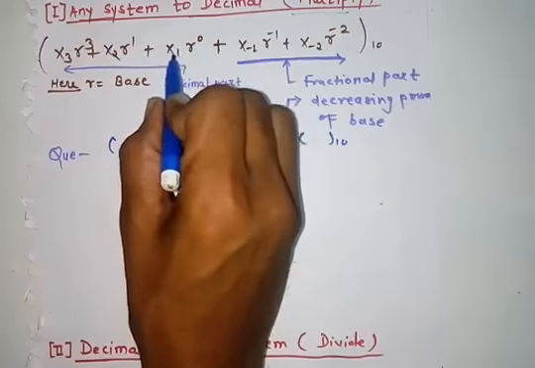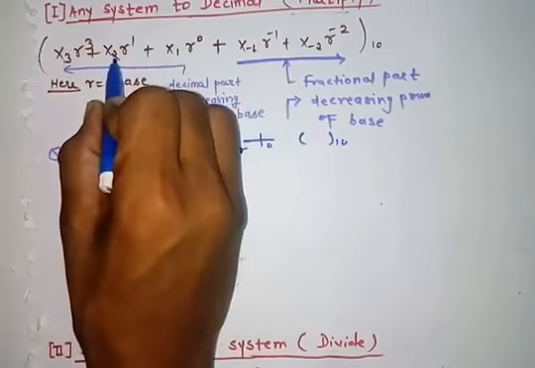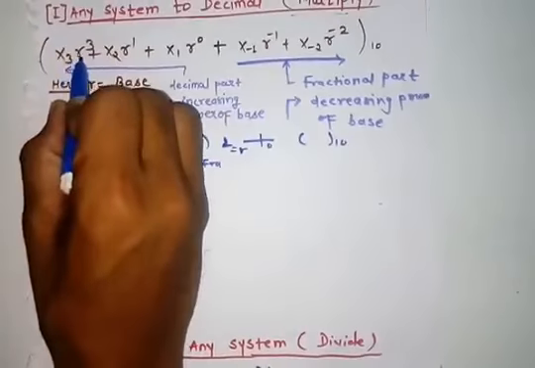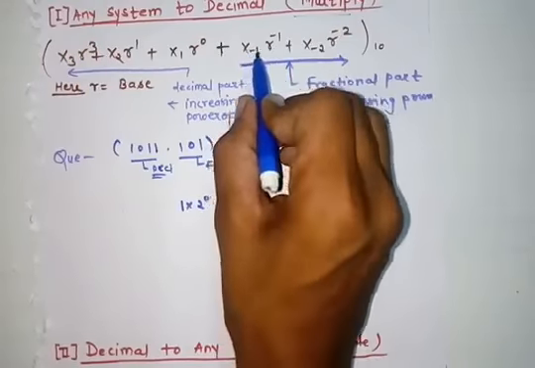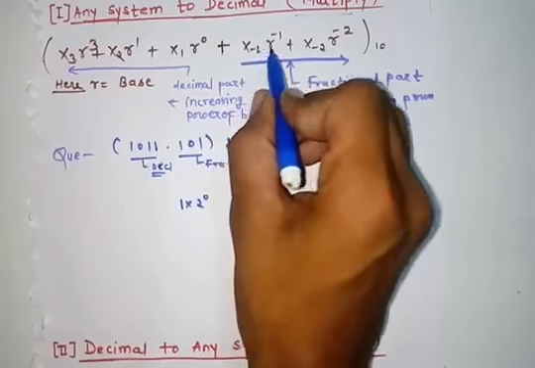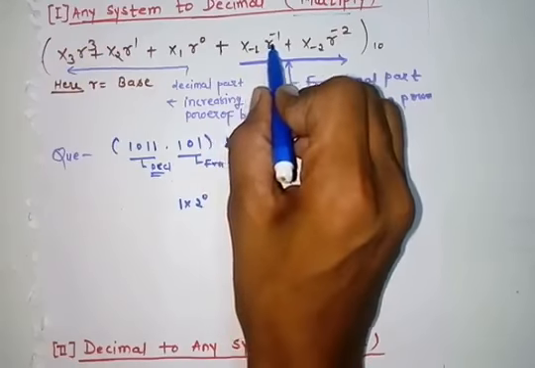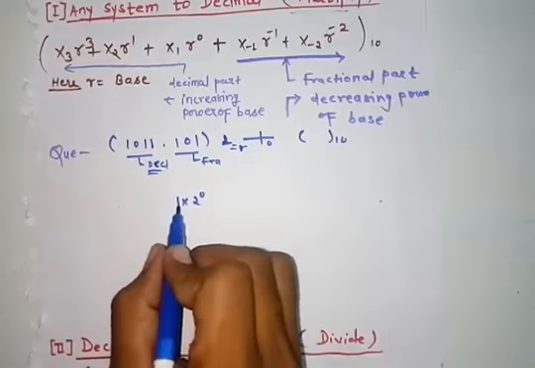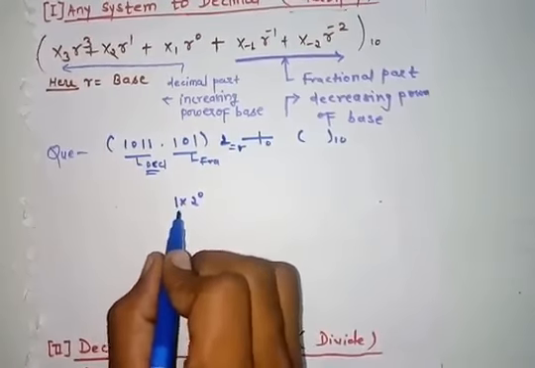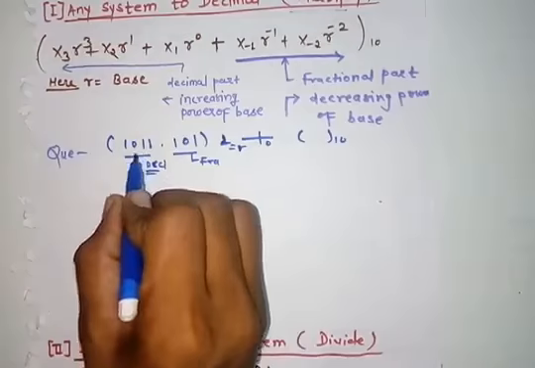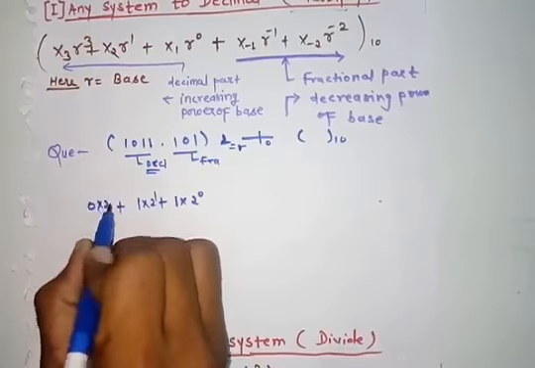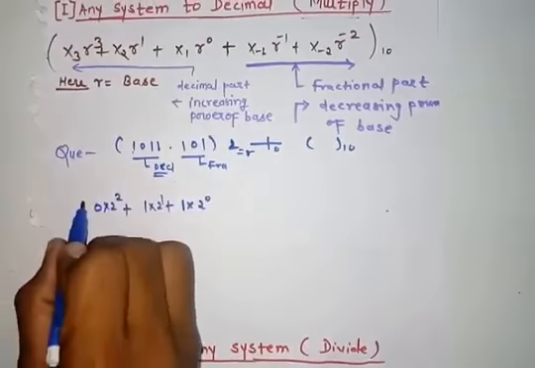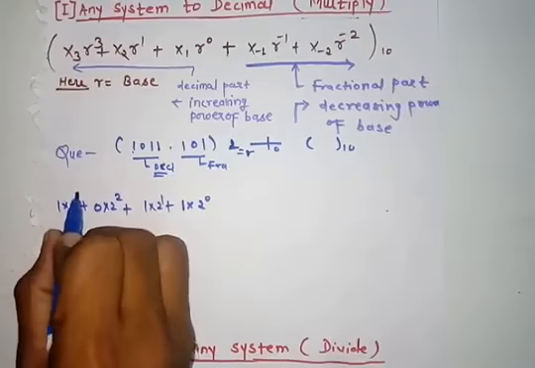I wrote here x1 times r to the power 0, x2 times r to the power 1, x3 times r to the power 2, x4 times r to the power 3, and after the decimal point we multiply each digit with decreasing powers of the base. Here 1 times 2 to the power 0 plus 1 times 2 to the power 1 plus 0 times 2 to the power 2 plus 1 times 2 to the power 3.